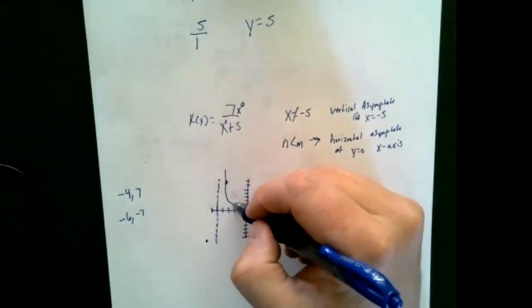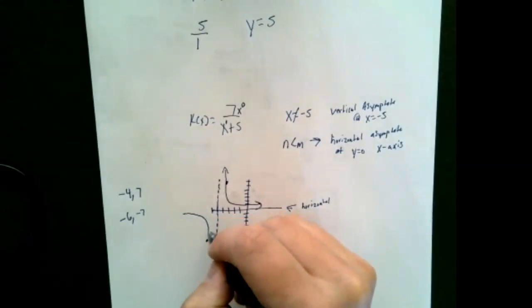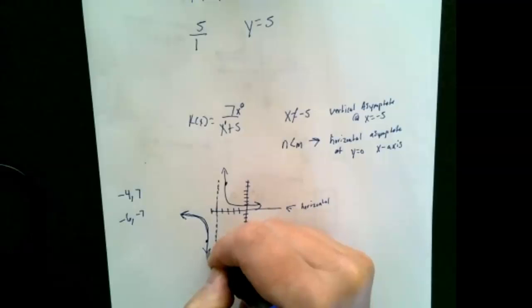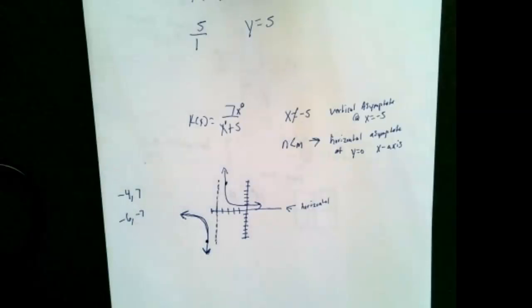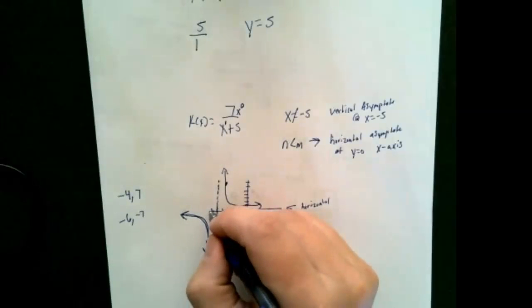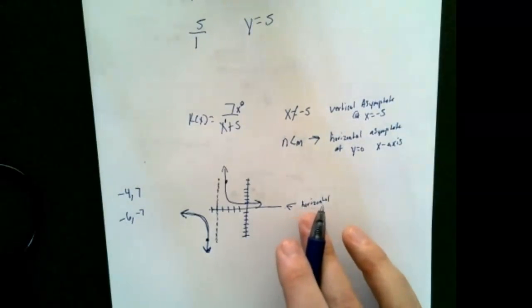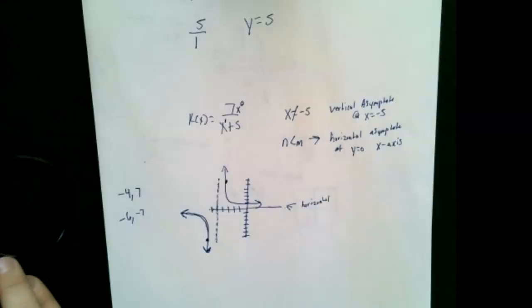I know my graph has these asymptotes, so I know it has to look something like this. You can estimate that, or you could have plugged it into Desmos to find the same information. Just remember that we're going to approach our asymptotes, but we are never going to reach our asymptotes. Plugging in 2 points close to your vertical asymptote really separates where they actually fall. So that's what our graph is going to look like.